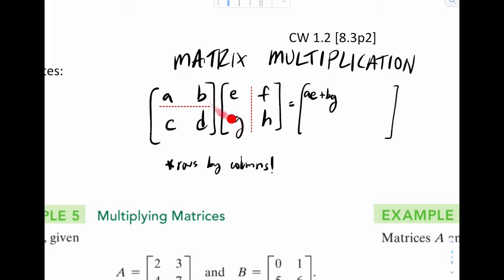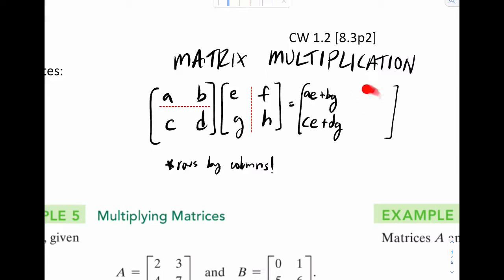You go to BG. What's also cool is if you look at this element, this is the top left element. So think about those words, top left. I'm using the top row and the left column to get the top left element. So if I want the bottom left element, I want the bottom row and the left column. So that's going to be CE plus DG.